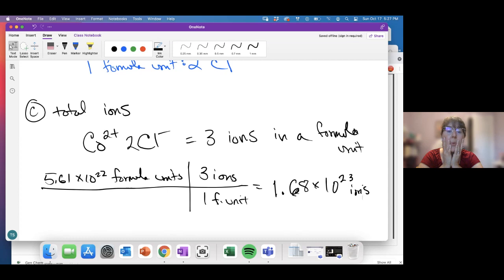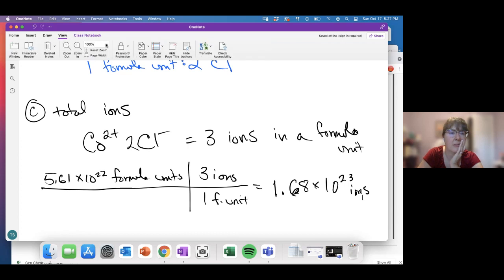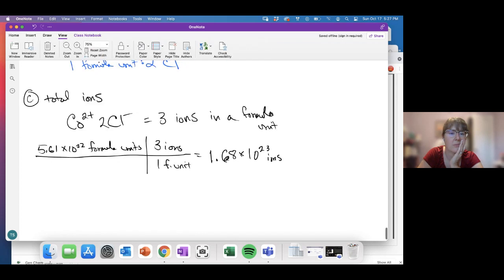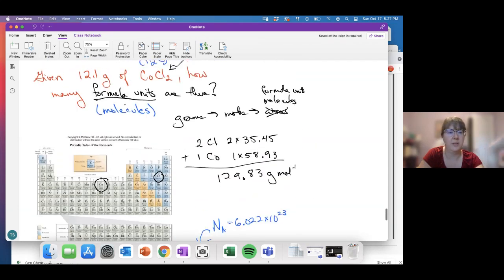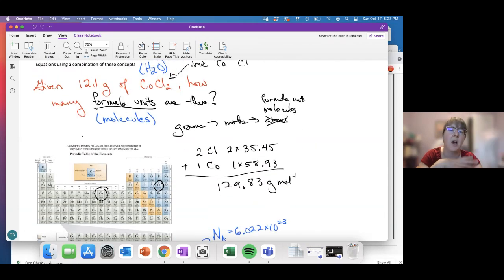So one set of math, backing this out a little bit. We started off with, hey, here are some grams of a thing. Tell me how many somethings are in them.